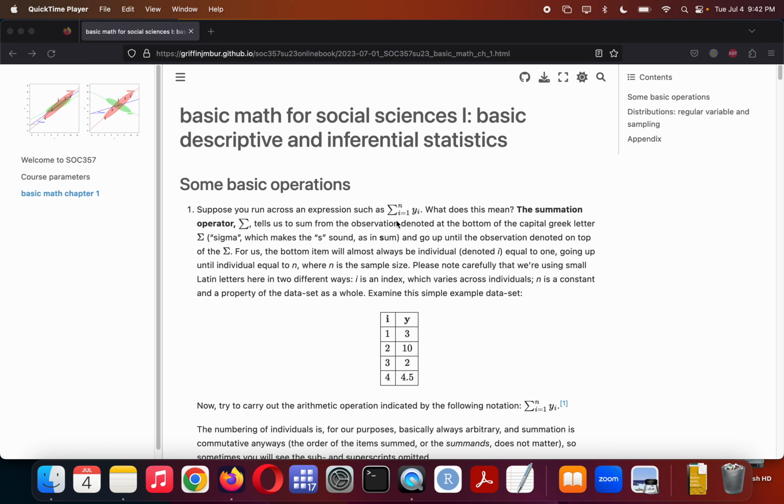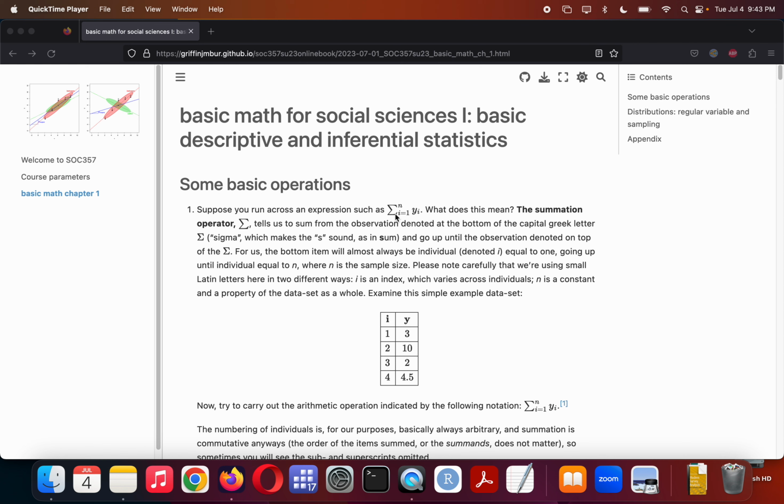So resorting the data, as long as you sort all the columns, and most software won't let you just sort one column and not change anything else, that type of resorting operation is totally fine to do for most purposes, and there's really no importance for virtually all descriptive statistics except for those that involve quantiles, which we won't discuss in this class. That's stuff like the median and so on. So you don't really need to worry too much about who individual 1 is and who individual n is.